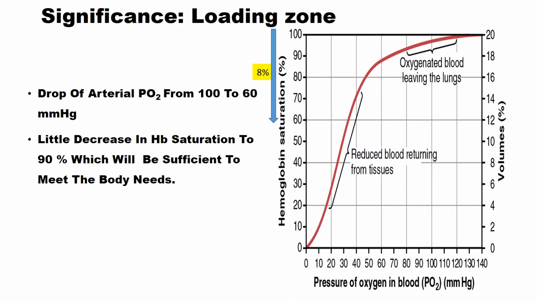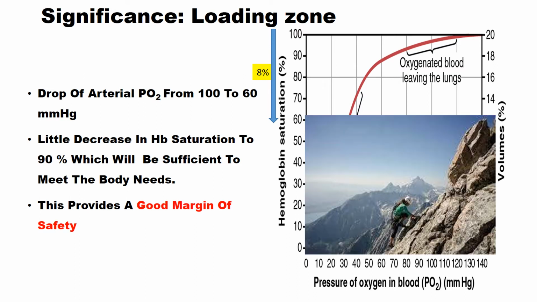There will be a little compromise on hemoglobin saturation. This is particularly important as it provides a good safety margin in the cases where there is a decrease in partial pressure of oxygen. For example, climbing mountains to a moderate altitude or even pulmonary diseases, the partial pressure of oxygen is decreased, but the oxygen saturation is not compromised.